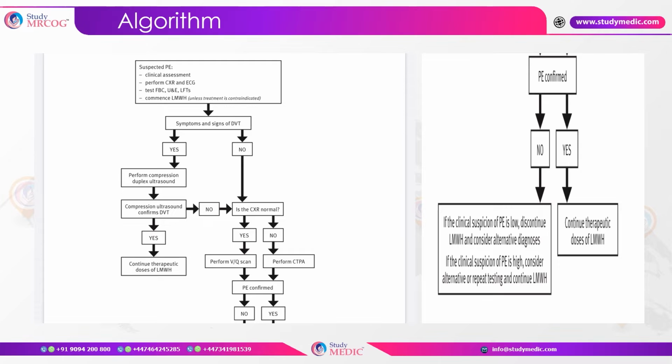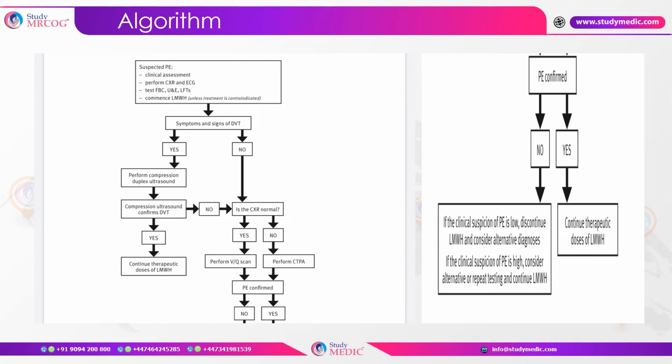So to come to a diagnosis and decide whether you should be continuing with low molecular weight heparin or not, there is a very beautiful diagram or an algorithm given in the guideline, and this algorithm is to be known by everybody. So whenever you have a woman in whom you are suspecting a pulmonary embolism, you will do a thorough clinical assessment.